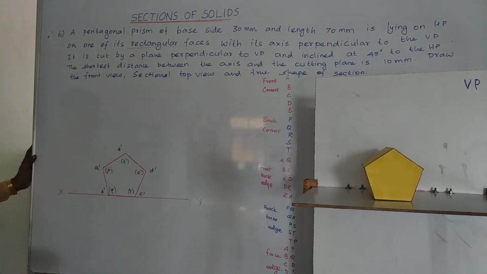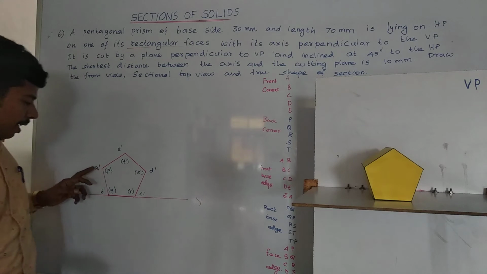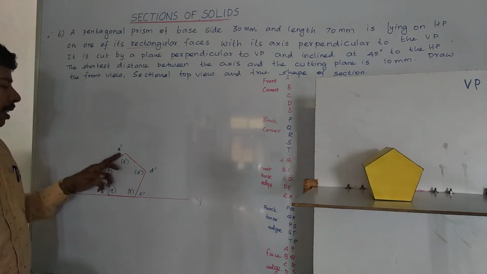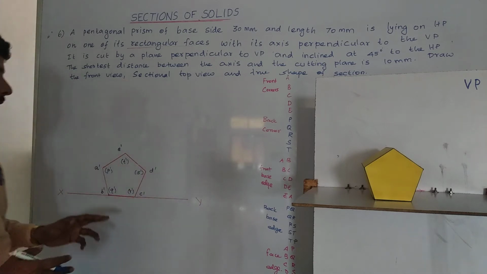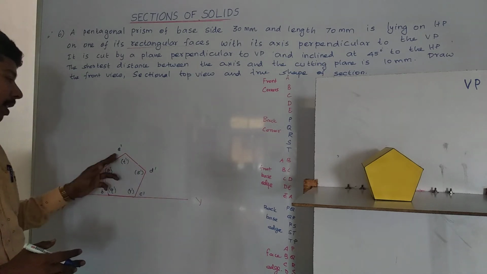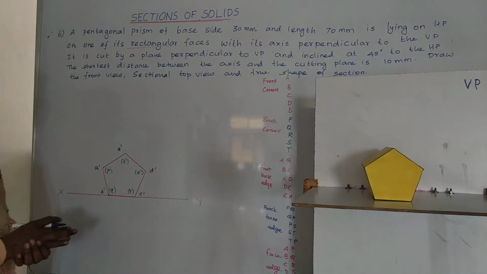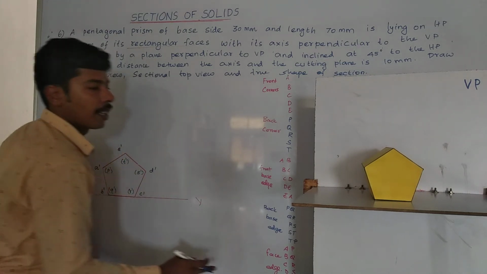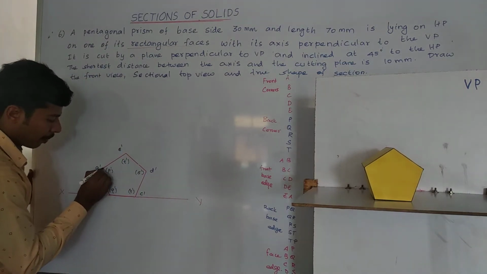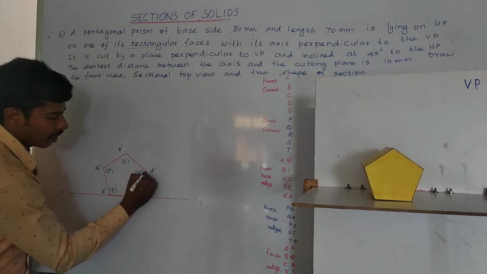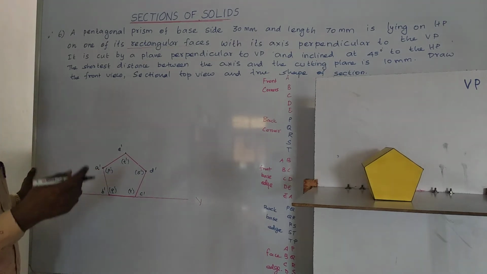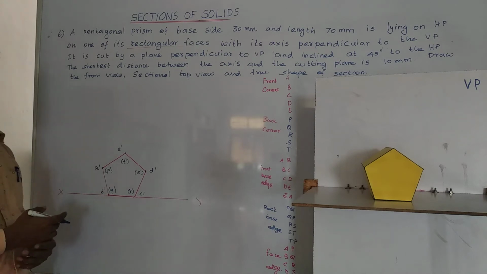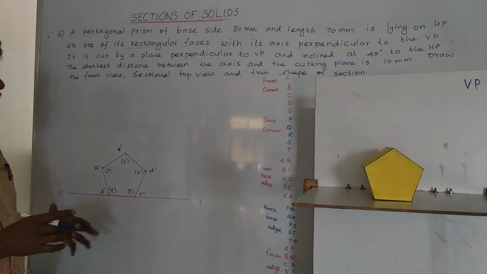Edges: we have 5 front edges AB, BC, CD, DE, EA, and rear edges also, hidden behind the front edges, PQ, QR, RS, ST, TP. Then the lateral edges AP, BQ, CR, DS, ET look like points in the front view, because these edges are perpendicular to the vertical plane.